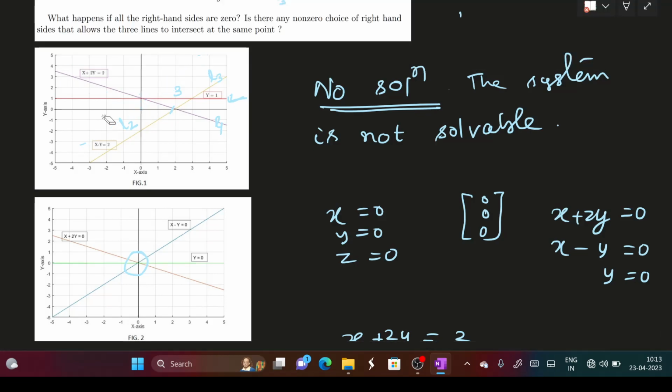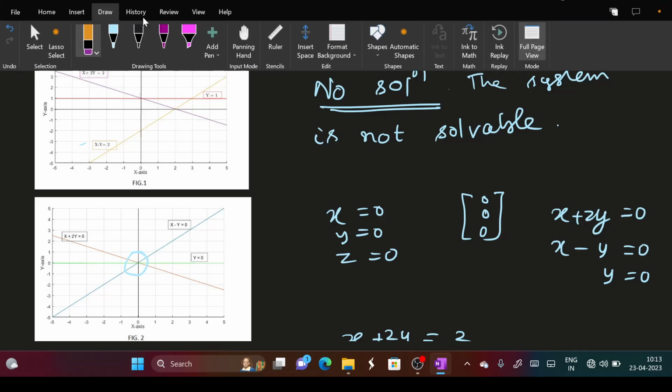So what did we get here? If the line y is equal to 1 is shifted to y is equal to 0, then we get a solution. Similarly, instead of changing this straight line, suppose I move the second straight line, x minus y is equal to 2.